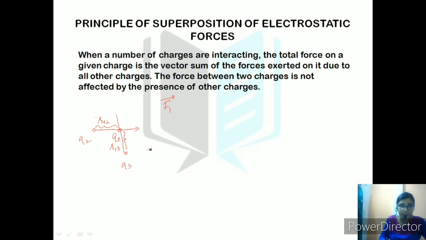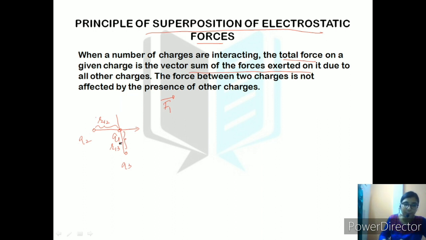We can find this total force by the principle of superposition of electrostatic forces. When a number of charges are interacting, the total force on the given charge is the vector sum of the forces exerted on it. That means first we'll find the force on Q1 due to Q2, then the force on Q1 due to Q3, then take their vector sum.